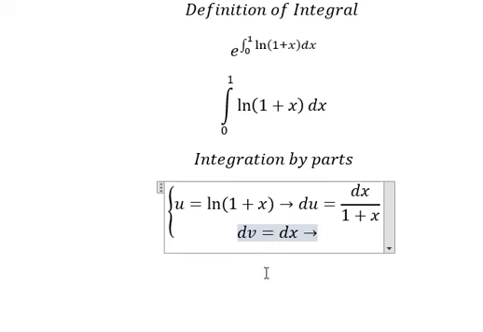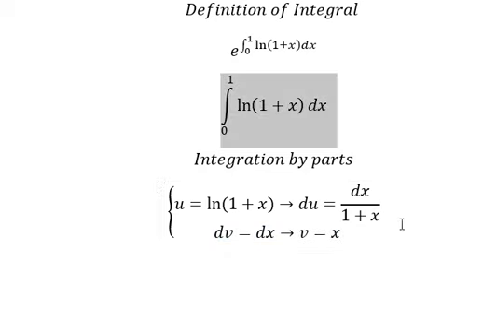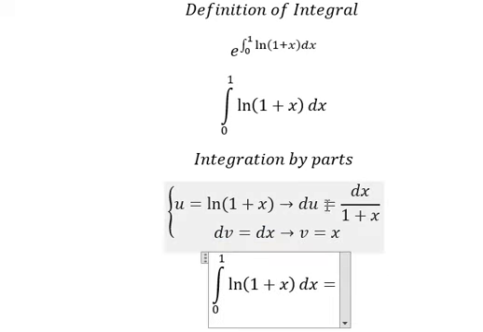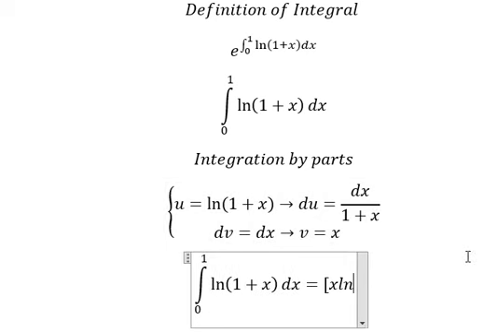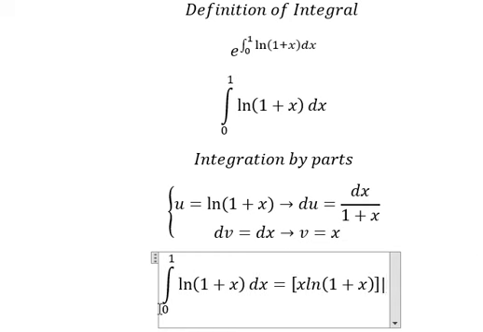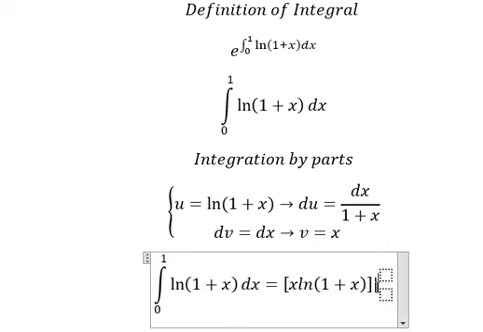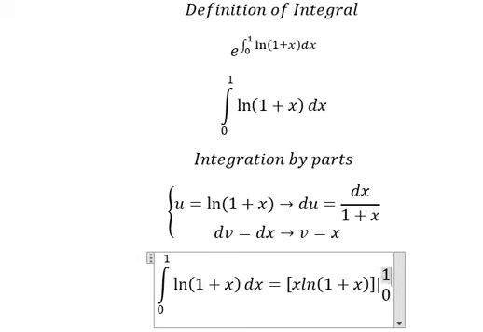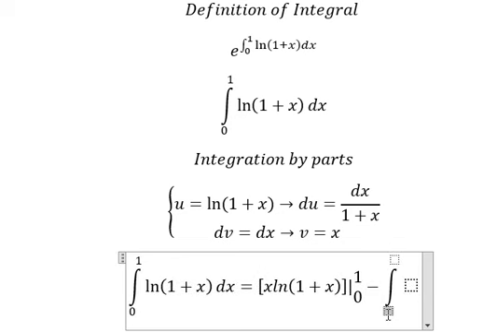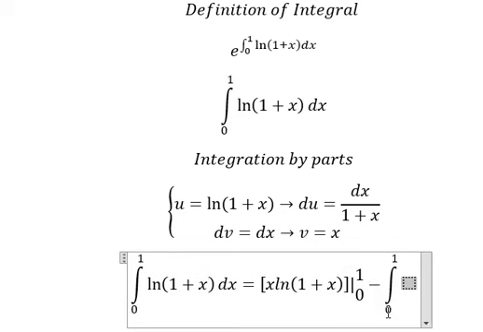The integration of this one, we have v equals to x. And now we have the final answer. We have u multiplied by v, and then we put the bounds from 0 to number 1. Minus, we have the integration from 0 to number 1.